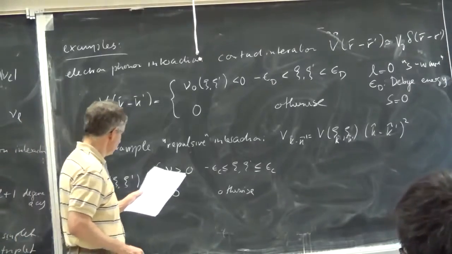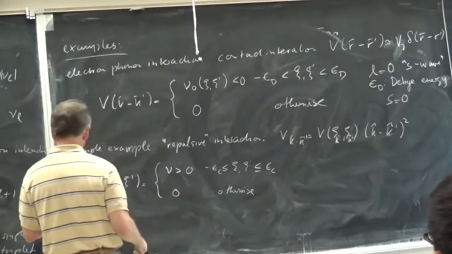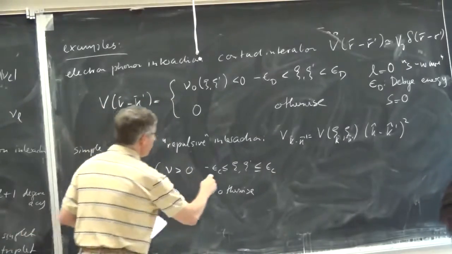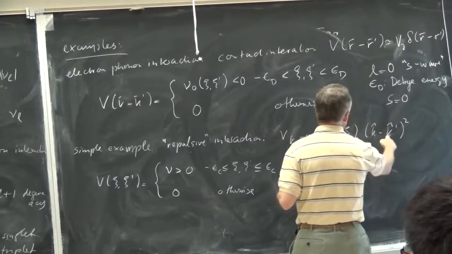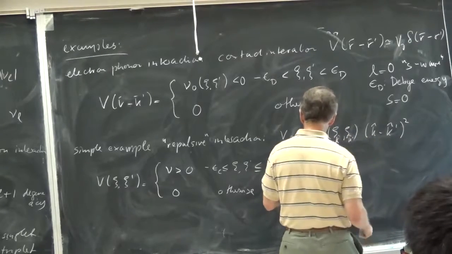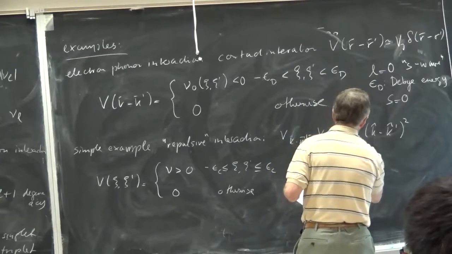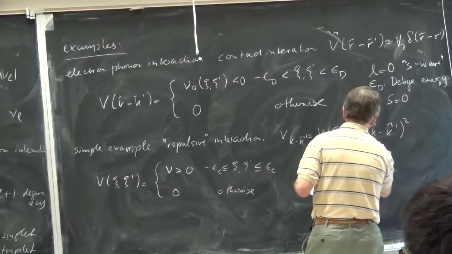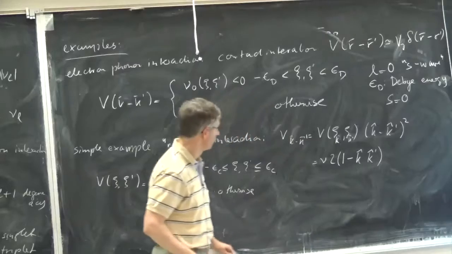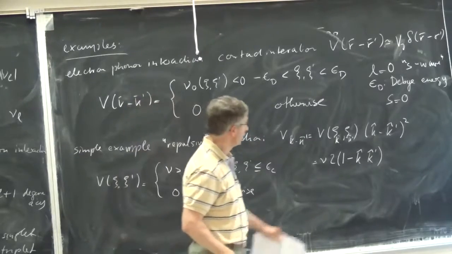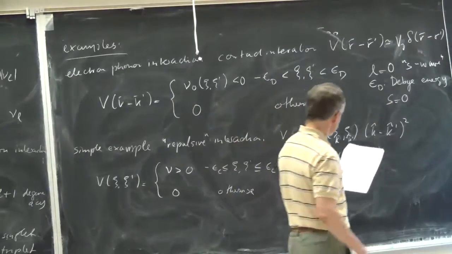Now let me look at this in the following way. I basically rewrite this: this is nu times k dot k prime, so this is nu times twice 1 minus k hat times k hat prime. So k hat squared is 1.